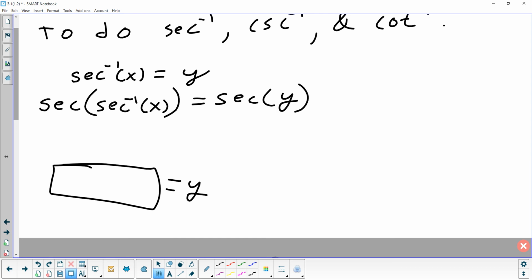What do you think happens on the left when I do that? I have the secant of the inverse secant. What do you think those two things do to each other? They cancel out. And now I have this: x equals secant y. Any question on that?